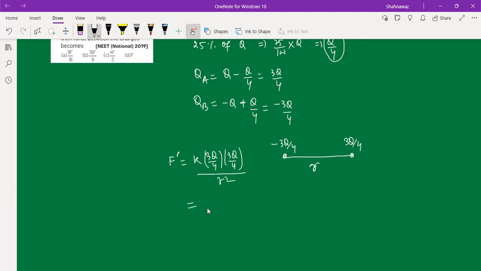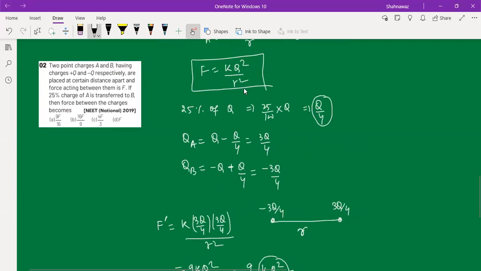So this is 9KQ square over 16 R square, which is 9 by 16 KQ square by R square. KQ square by R square is our old force.